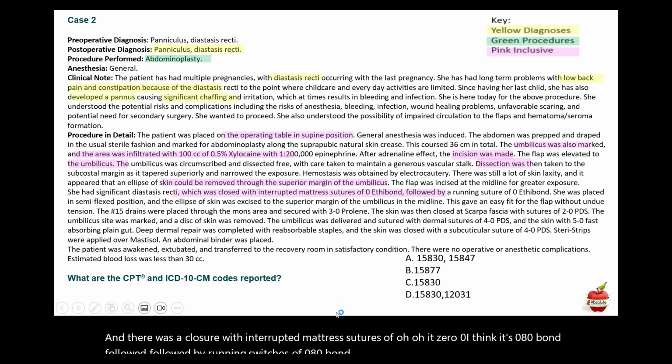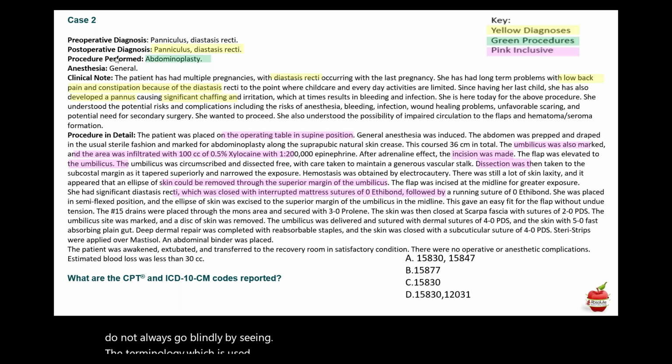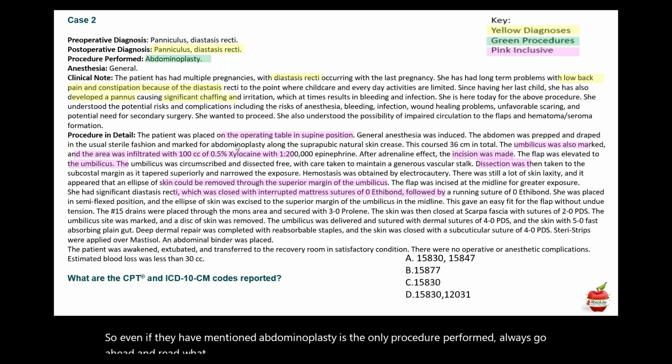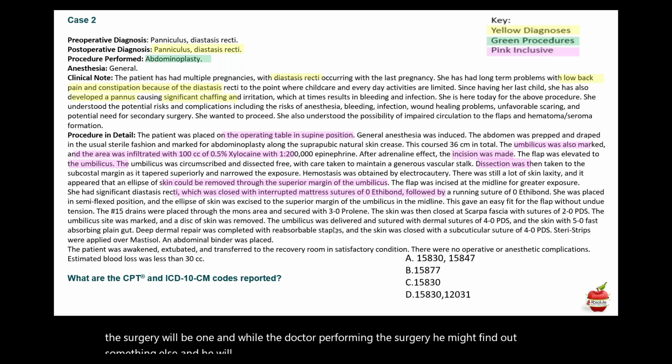So, yes. And another tip for you all coders: do not always go blindly by the terminology used in the procedure performed portion. Even if they have mentioned abdominoplasty as the only procedure performed, always go ahead and read what is in the procedure note as well, because sometimes the goal of the surgery will be one thing, and while performing the surgery, the doctor might find something else and do an additional procedure, or he might have to change the procedure.